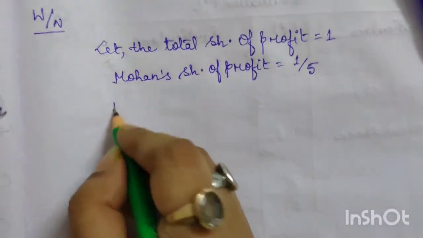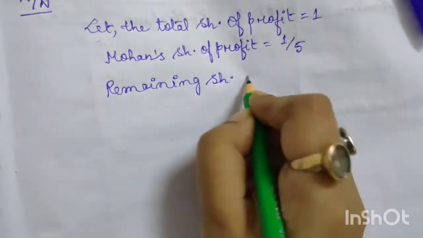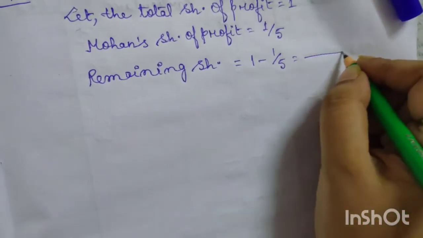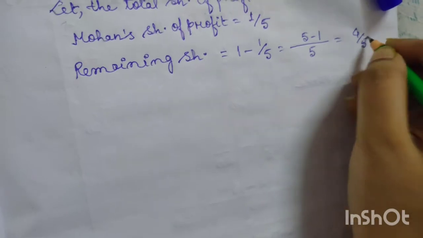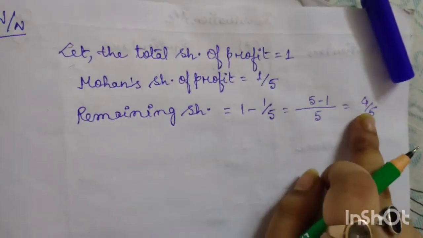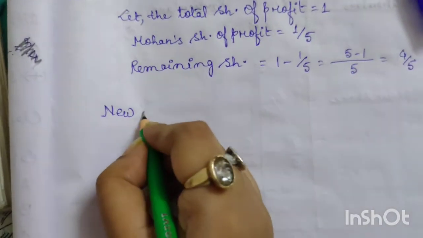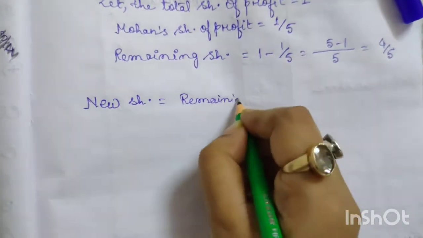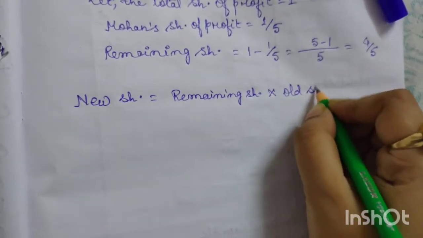So the remaining share is equal to 1 minus 1/5, that is 5 minus 1, which is 4/5. So we got the remaining share as 4/5. We know the formula to calculate the new share: new share is equal to remaining share into old share.